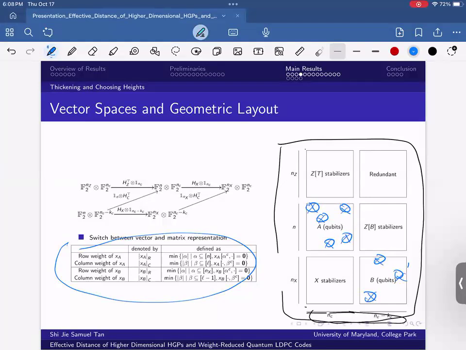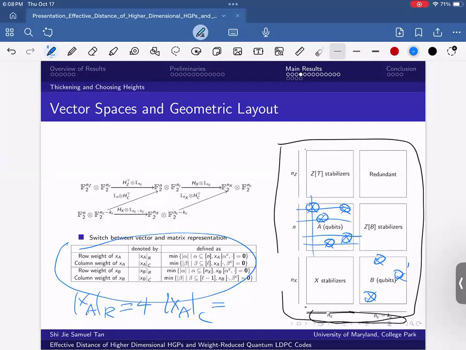Then we define XAR to be, for the A qubits with the X errors inflicted, the number of rows in this A region that are inflicted with an error. In this case, we have 1 row, 2 rows, 3 rows, and 4 rows, so XAR is 4. And then XAC will be the number of columns that are inflicted with errors in the A area.